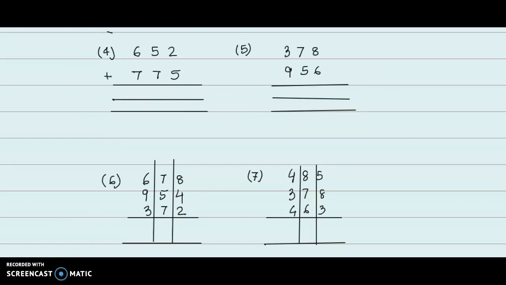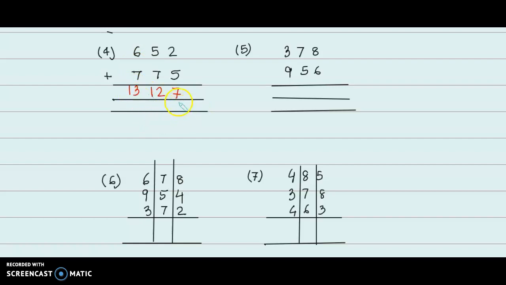Now, here we have the next set of questions. Question 4. They are having 3 digits. So we have to follow the same method. 5 plus 2 is 7. 7 plus 5 is 12. And 6 plus 7 is 13.